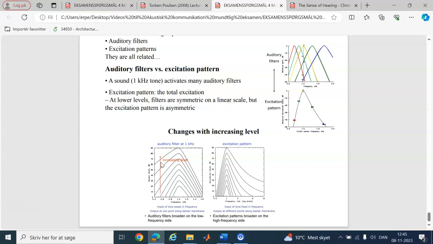It shows up because of the figure we showed here. When the levels get higher, the auditory filters broaden, and you get these asymmetric excitation patterns. Excitation patterns broaden on the high frequency side. That's what I wanted to talk about now. Thank you.